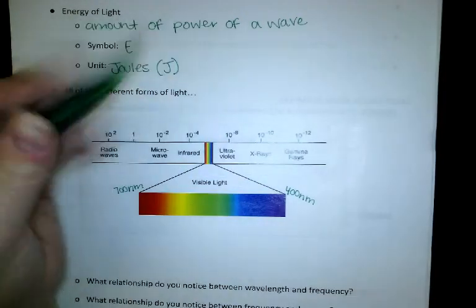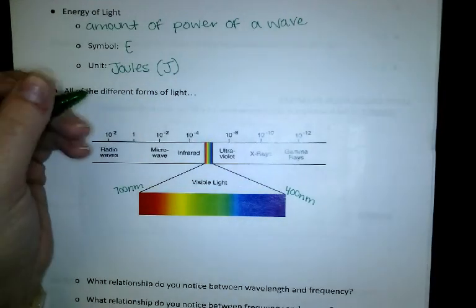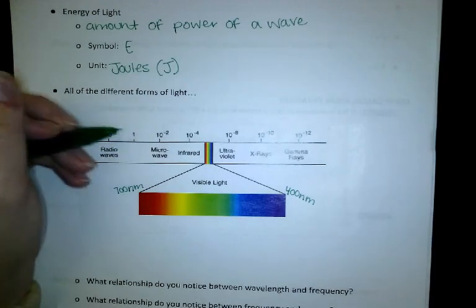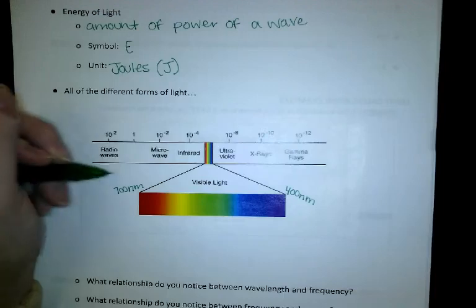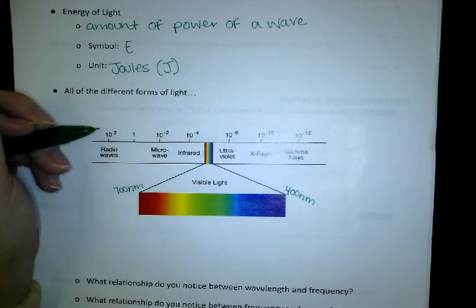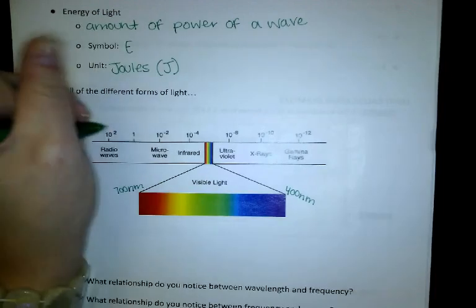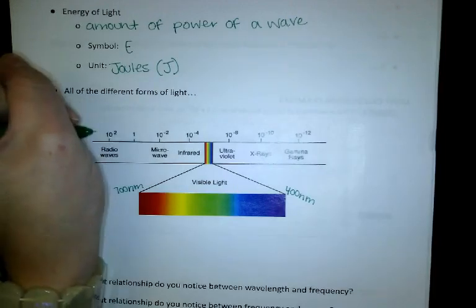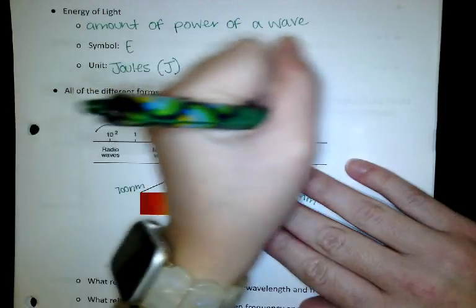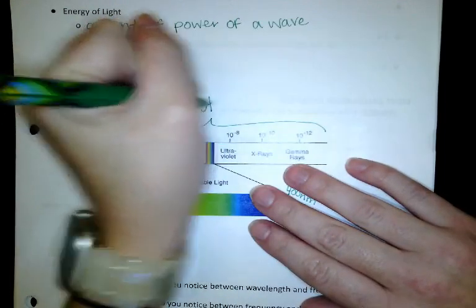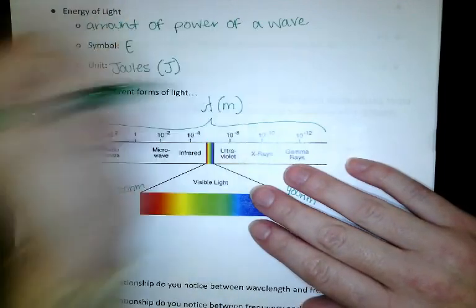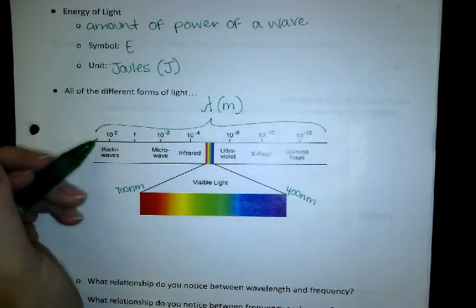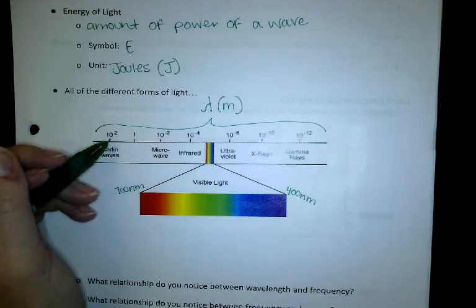And so what you'll see is that on the left end of the electromagnetic spectrum, we have radio waves. This is 10 to the second, and what that's measured in is meters. So all of these wavelengths are measured in meters, and here we have 10 to the second meters, so it's about 100 meters.